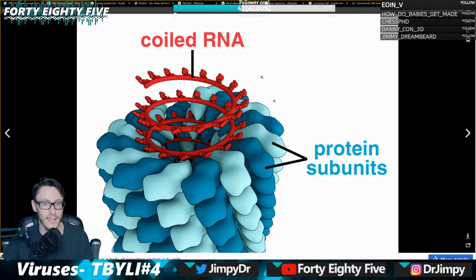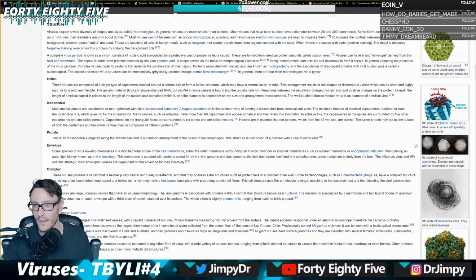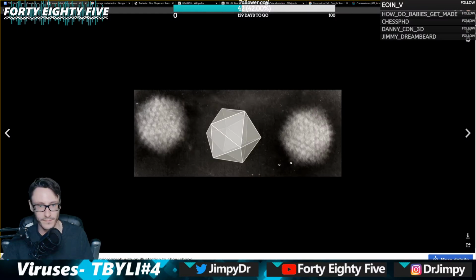So this is an example of a virus. I mentioned a capsid, a protein box that the genome sits in. This is an interesting one. It's a type of virus called an adenovirus, and it has what was theorized to be an icosahedral capsid.